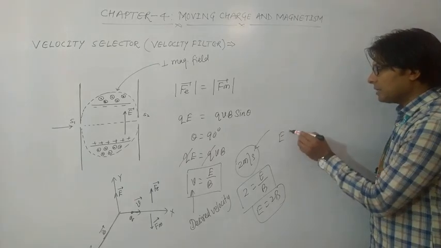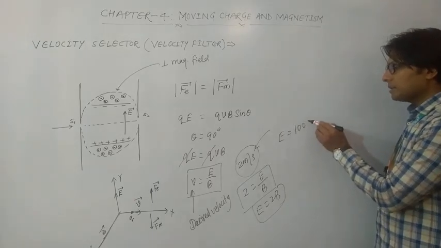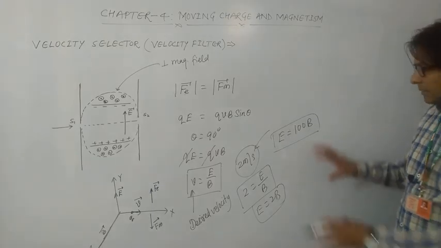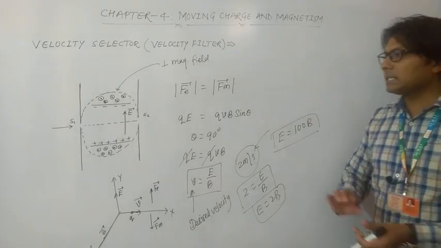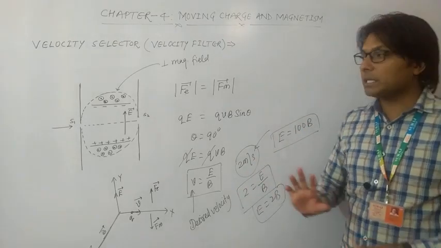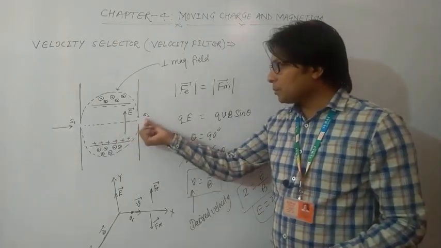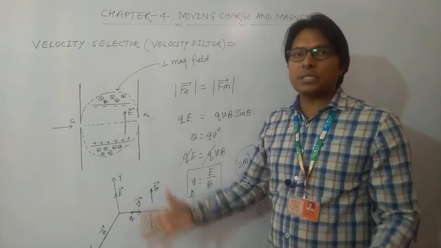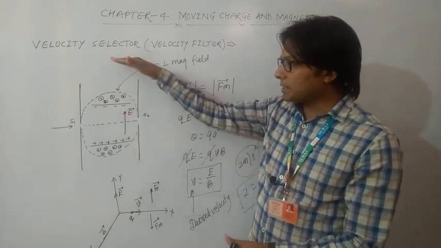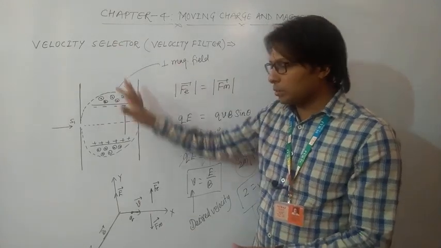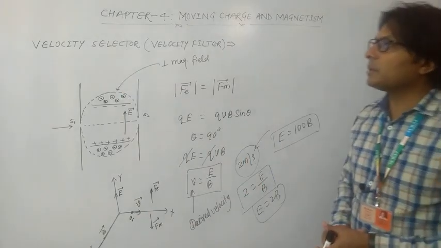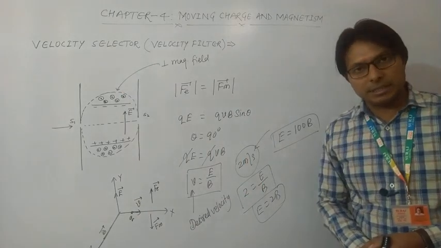The electric field should be 100 times the magnetic field. And if this condition is satisfied, then the charged particle which is moving with 100 meters per second velocity will come out of this slit S2, and the rest of the charged particles will be deflected in the upward direction, or to the positive plate or to the negative plate. So this is the working principle of the velocity selector.